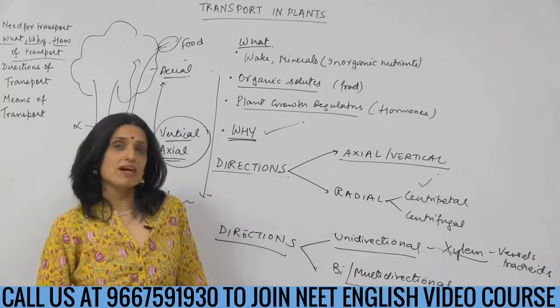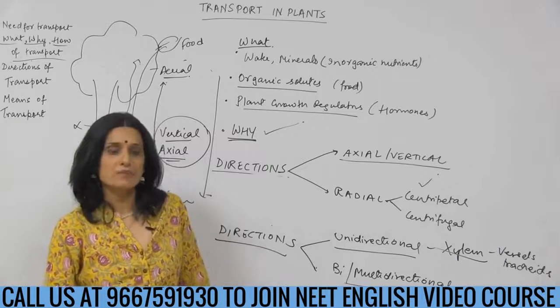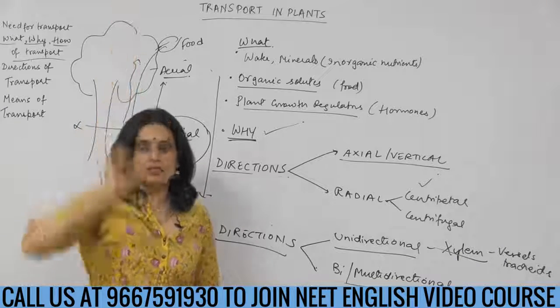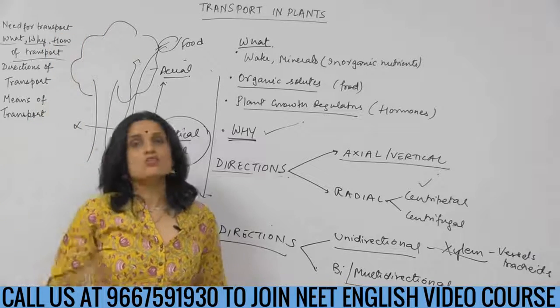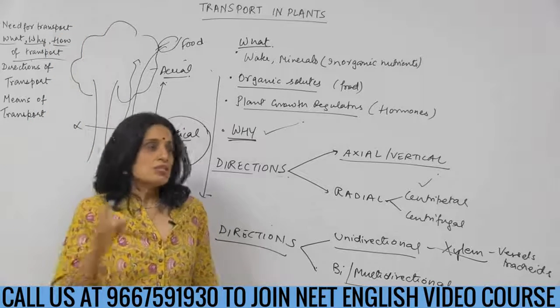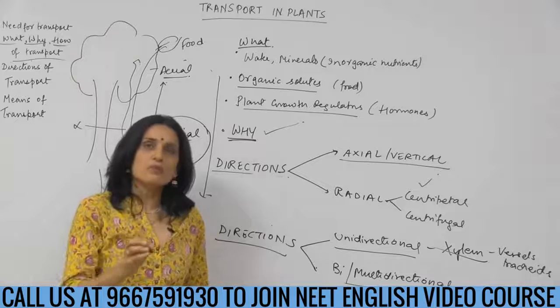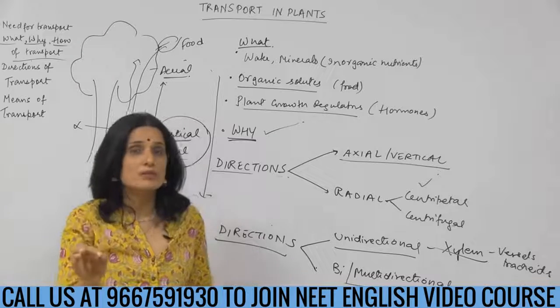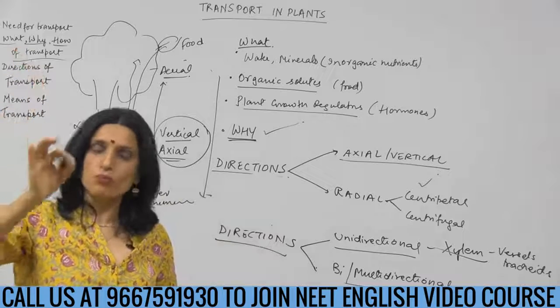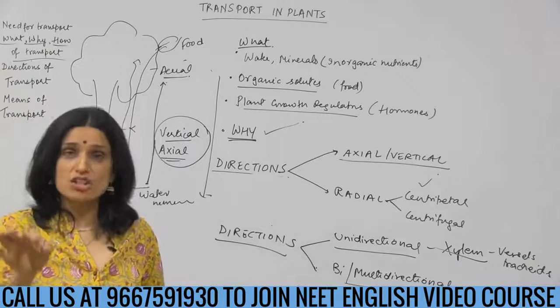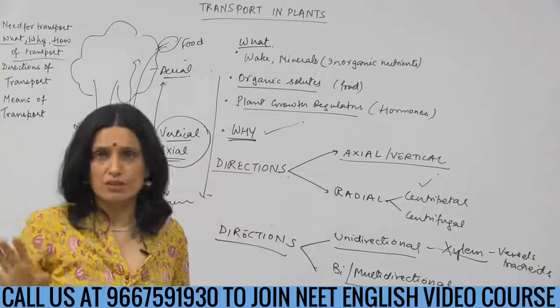You will always find the stream within the xylem running like this, always from the bottom to the top, right? So this is unidirectional. So the transport of water and minerals in xylem from the root to the upper parts is essentially unidirectional, right?